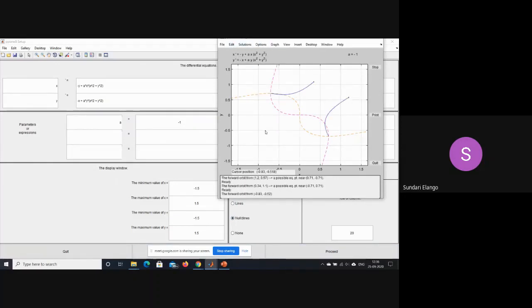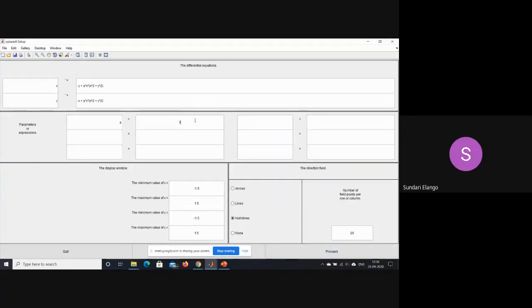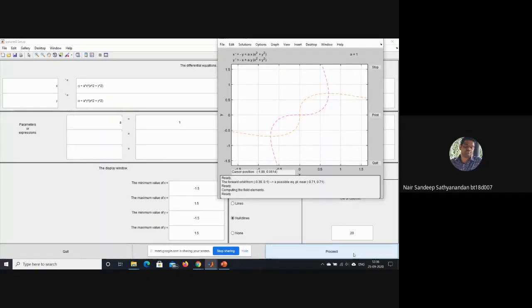You can see that those two are stable while this point is unstable. On the null lines, the two null lines intersect at 3 points, and the points where the null lines intersect are called the fixed points. Now you can see the stability of the points has shifted, and so this is the behavior of the system here.